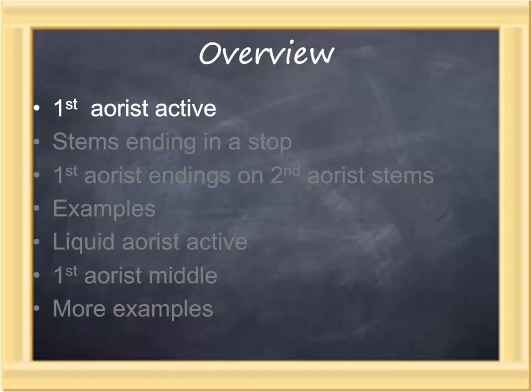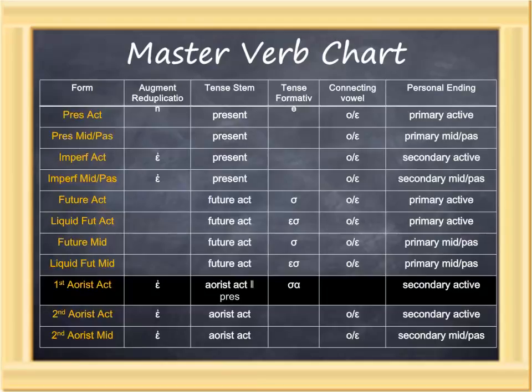The first aorist active. A verb will either have a first aorist or a second aorist, with only a couple of exceptions. So for now, we just deal with that reality.